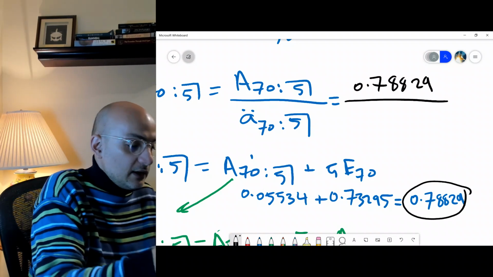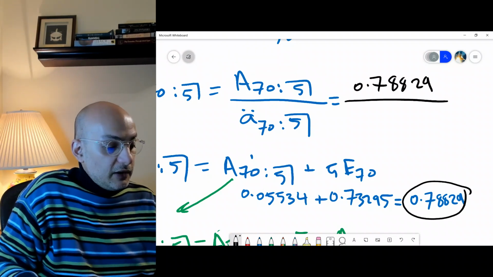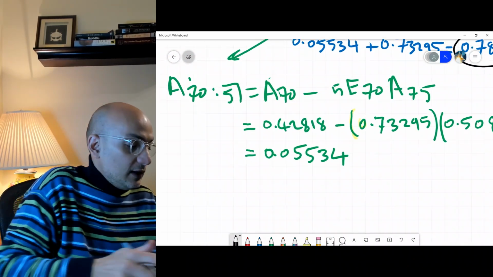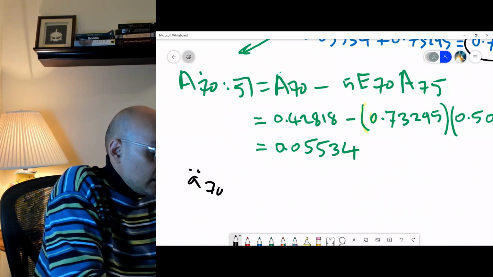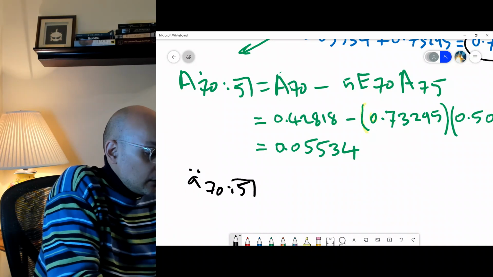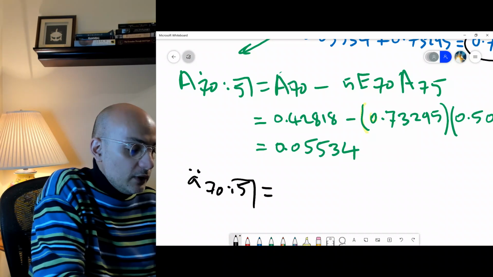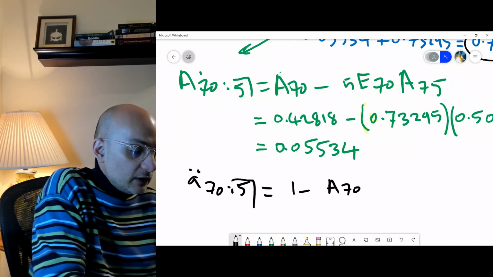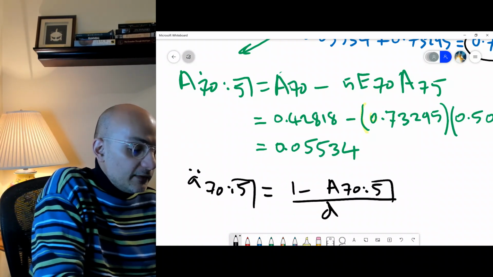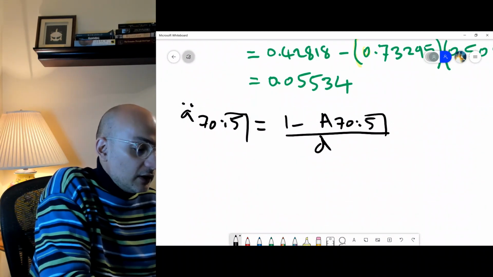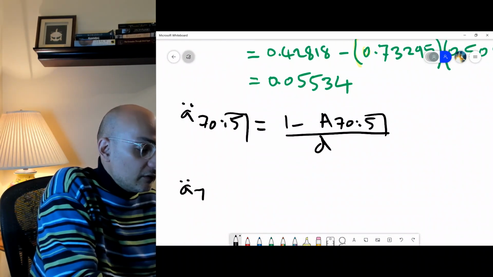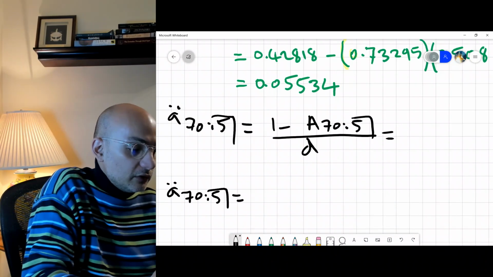0.78829 divided. Now we need A75. There are two ways. I mean, you can do things faster, but here I need to explain them to you. One way is to say 1 minus A75 divided by D, and D is i over 1 plus i.